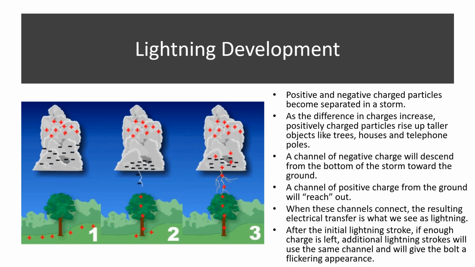A channel of positive charge from the ground will reach out. When these channels connect, the resulting electrical transfer is what we see as lightning. After the initial stroke, if enough charge is left, additional lightning strokes will use the same channel and will give the bolt a flickering appearance.